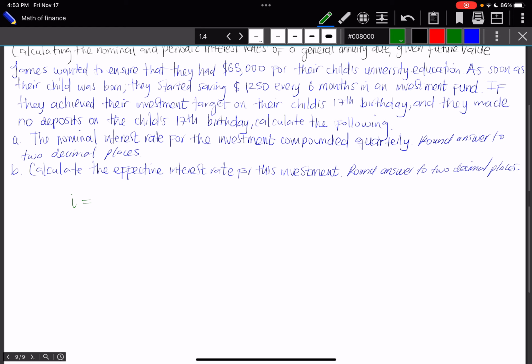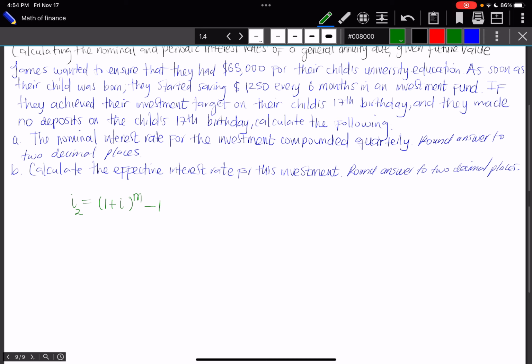We have 1 plus I, all raised to the m, minus 1. And let's call this I2. That's the effective interest rate for the investment, where I is the periodic interest rate associated with the nominal interest rate.